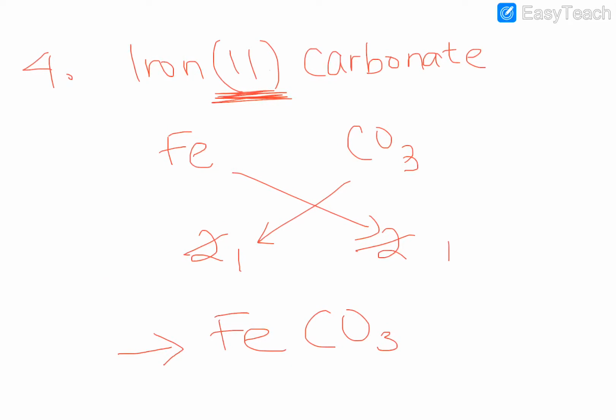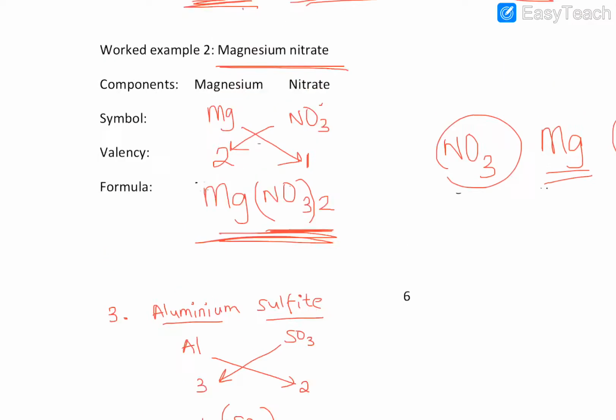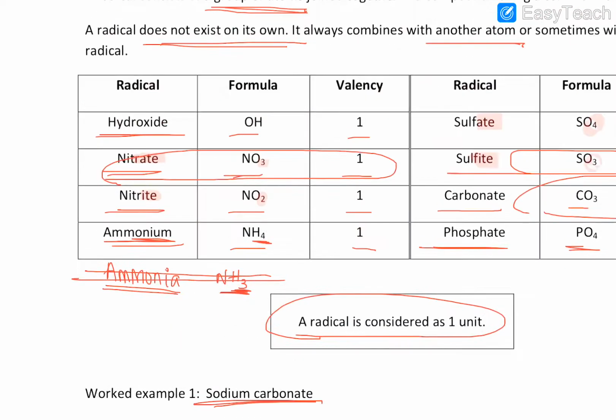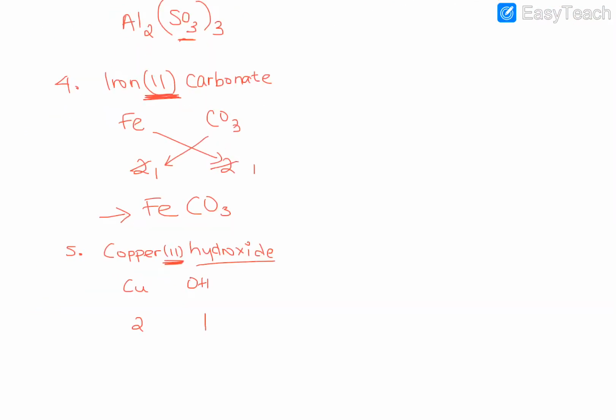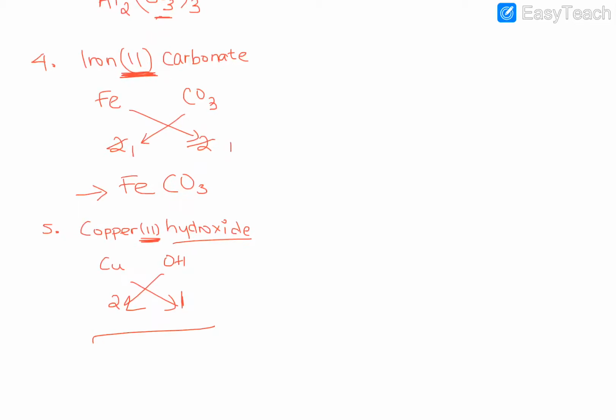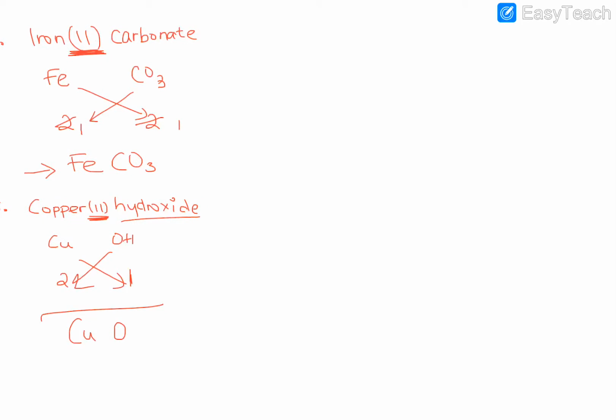Let's do one last example and then you're going to do the exercises. So let's do copper 2 hydroxide. Copper has symbol Cu. There's 2 here, so it has valency 2. Hydroxide is OH, and if you look in the table, OH has valency 1. So I'm going to write that, OH valency 1. I cross multiply, so Cu gets 1, and OH is going to get 2.